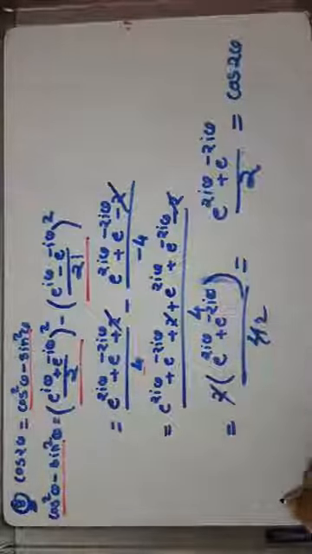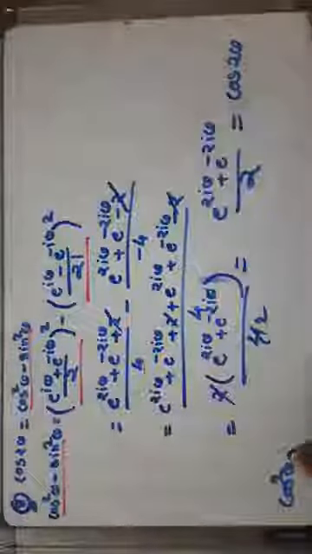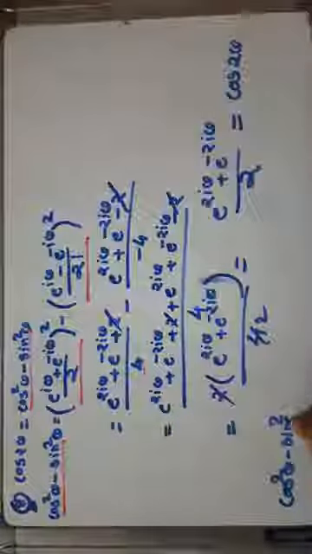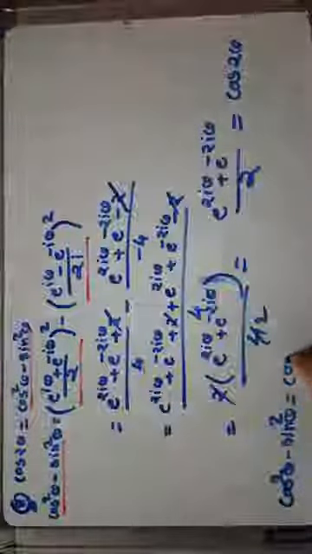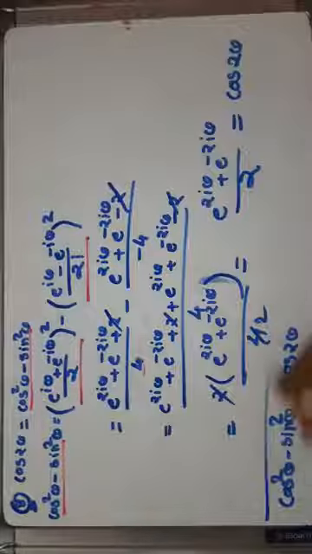And finally cos square theta minus sin square theta is equal to cos 2 theta, right?